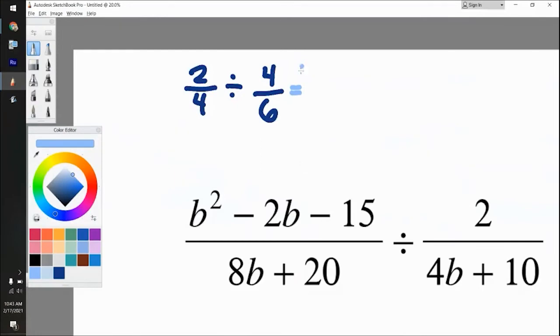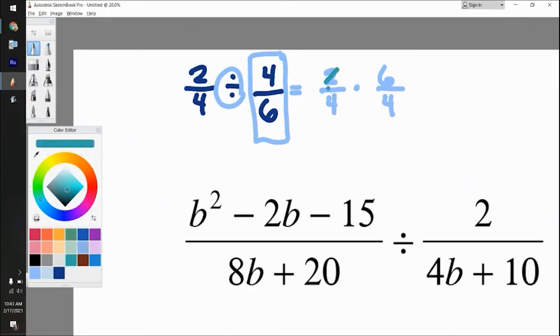All right, so for this one, the shortcut is to multiply by the reciprocal. So you change the divide by to multiply, and then you have to flip this to be 6 over 4. Okay? And then you're going to want to simplify things as much as possible. So this is 1 over 2. This is 3 over 2. You multiply across here, and you end up with 3/4.